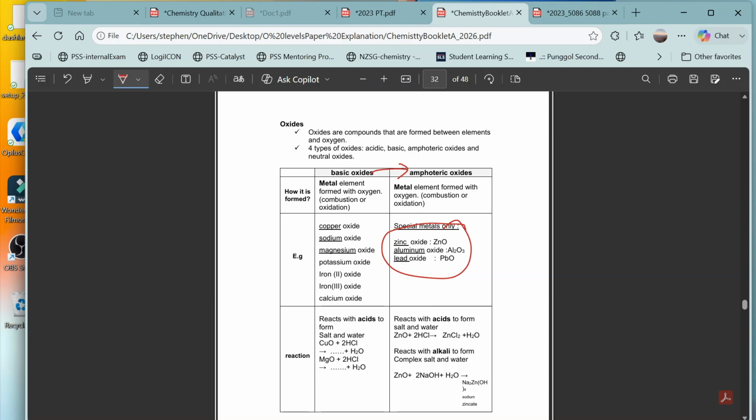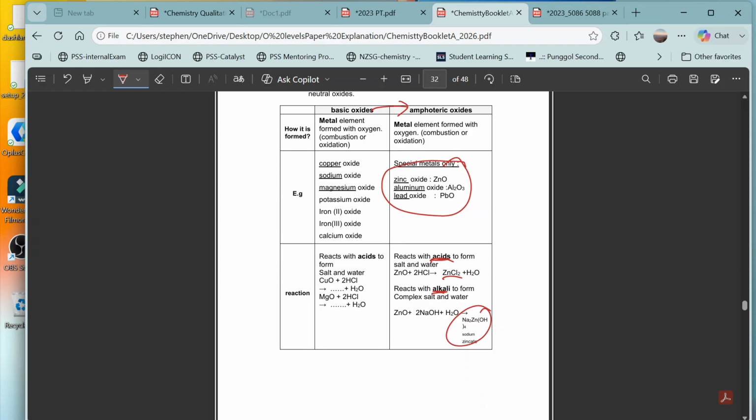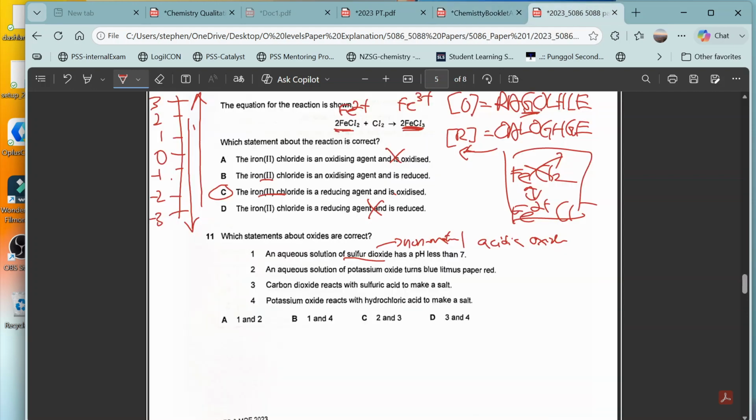If you ask me what amphoteric oxide means, the word ampho means both, two. So it will react with acid to form salt and water. It also reacts with alkalis to give you salt and water. This is a complex salt, so they won't ask you how to write this. They will just ask you to understand what an amphoteric oxide is, and the three examples. So revise.